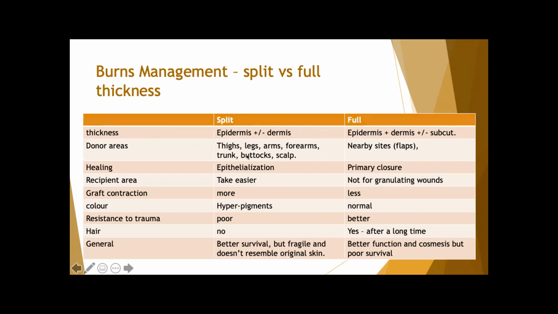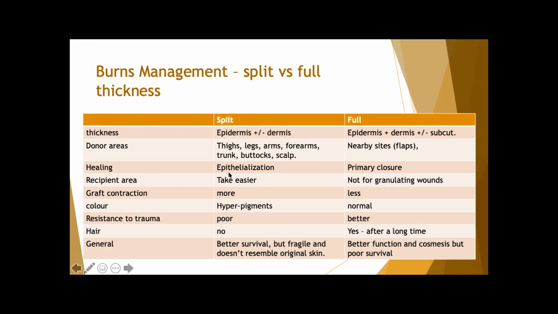Donor areas, splits can be taken pretty much anywhere where there's normal skin and then transplanted. But full thickness, you tend to go for what are called flaps. So you might have a burn on your shoulder, but normal skin below on the arm. So you might make an incision on the arm to release some skin, flip it around to create a flap, sit it over the shoulder, and then suture up the lower arm.